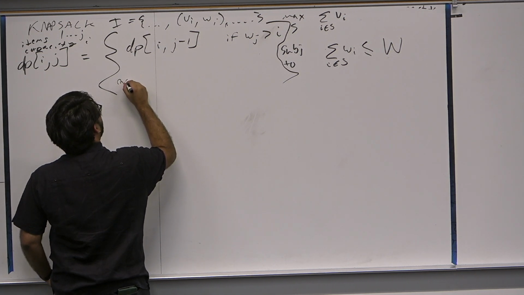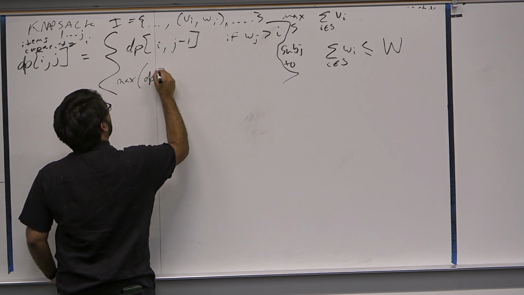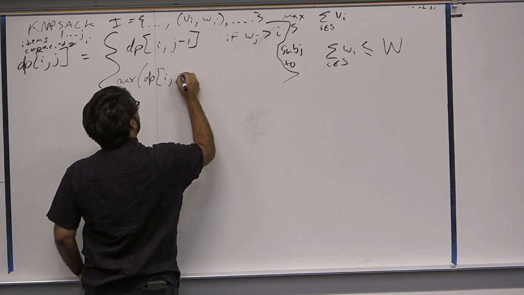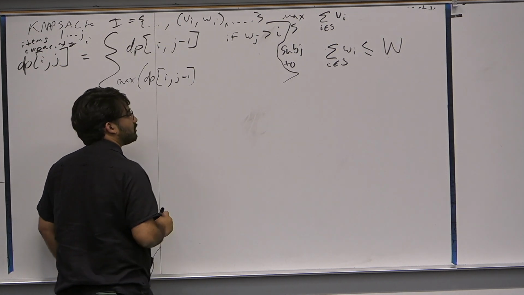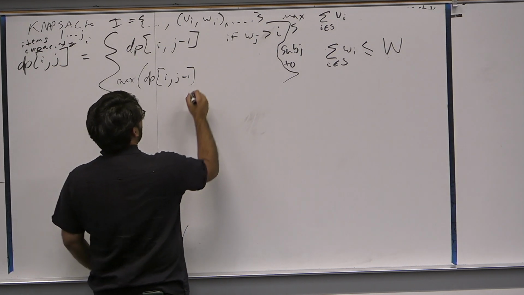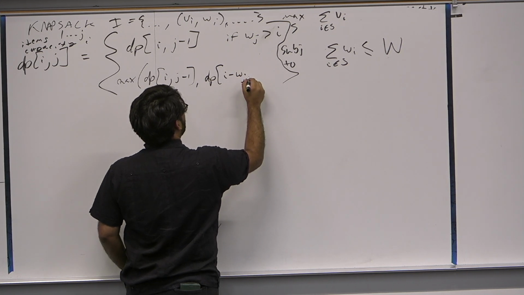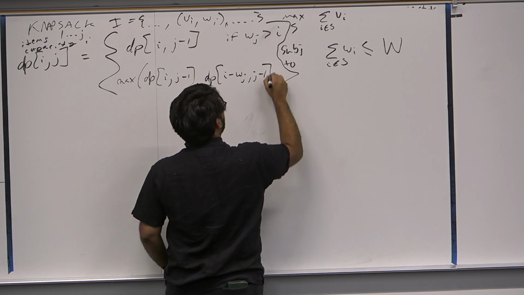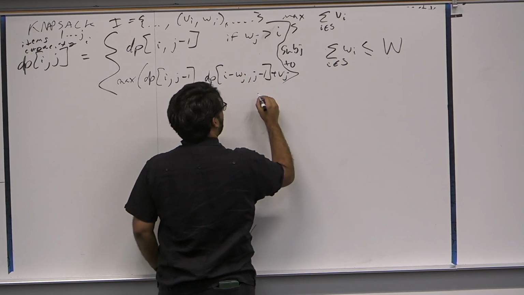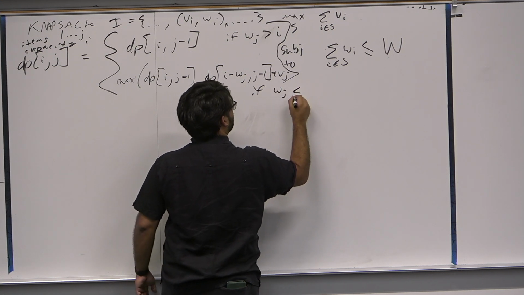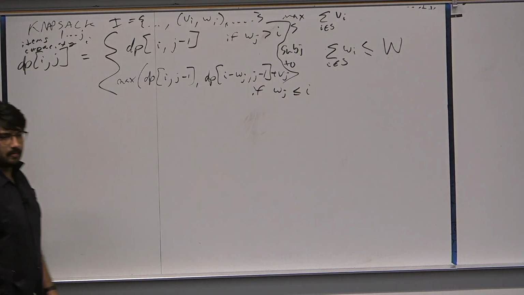Else it was the max of dp of i, j minus 1, as if you could take the item, but you're just not going to because it's not worth it, or dp of i minus w_j, j minus 1 plus v_j, right? If w_j is less than or equal to i. Yeah, something like this, right?